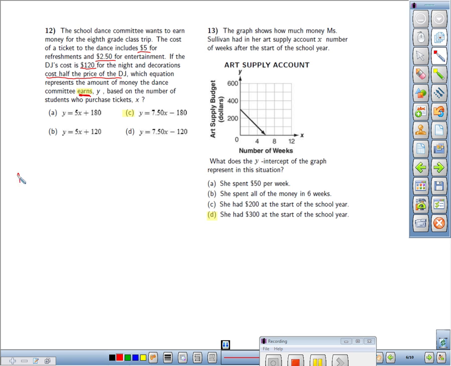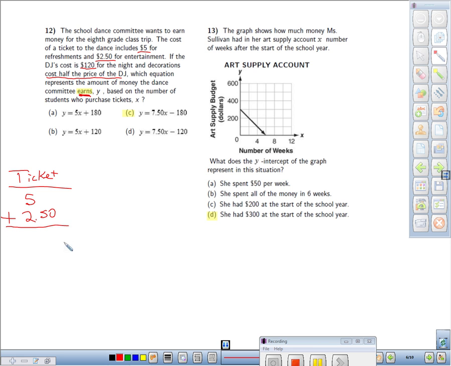Let's first look at tickets. Notice we weren't told what the ticket price would actually be. We just said the cost of a ticket includes $5 for the refreshments and $2.50 for entertainment. So if I add those together, I can figure out the cost per ticket.